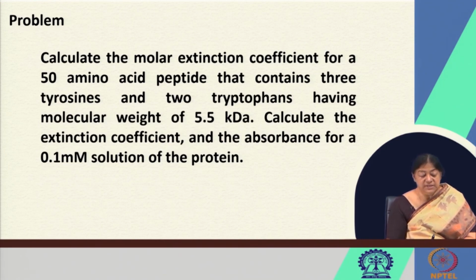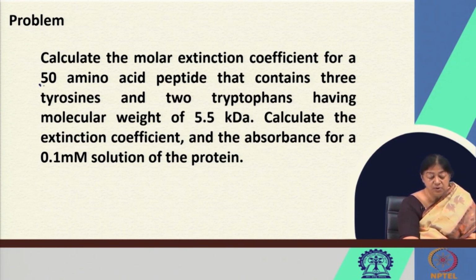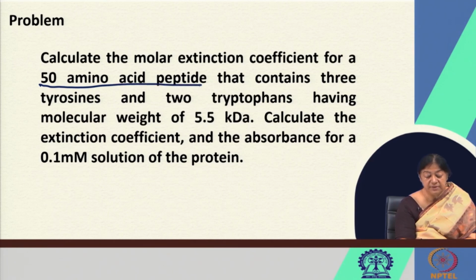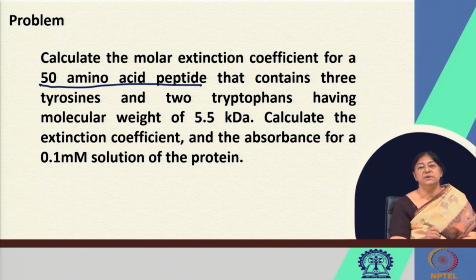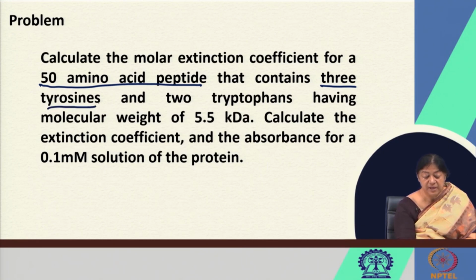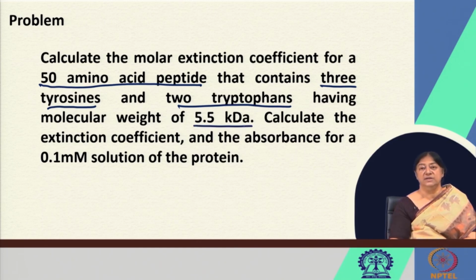The problem states that we have to calculate the molar extinction coefficient for a 50 amino acid peptide. This peptide contains 3 tyrosines and 2 tryptophans, and it has a molecular weight of 5.5 kilodaltons.